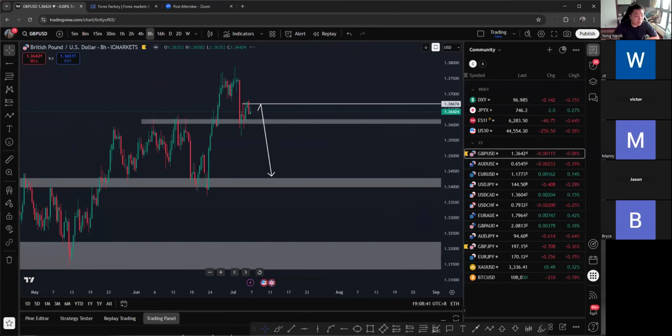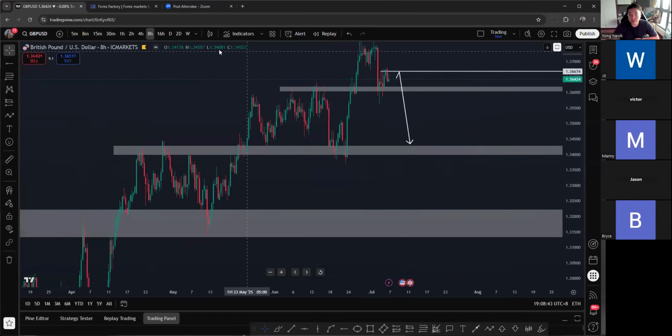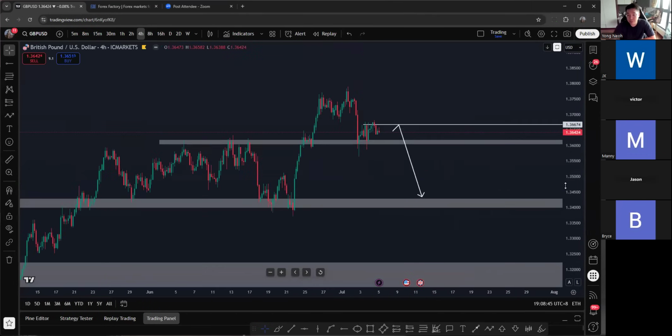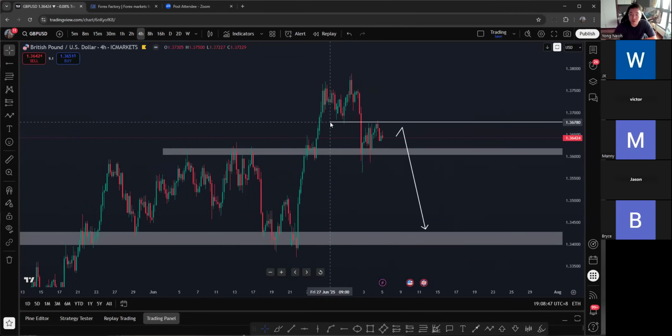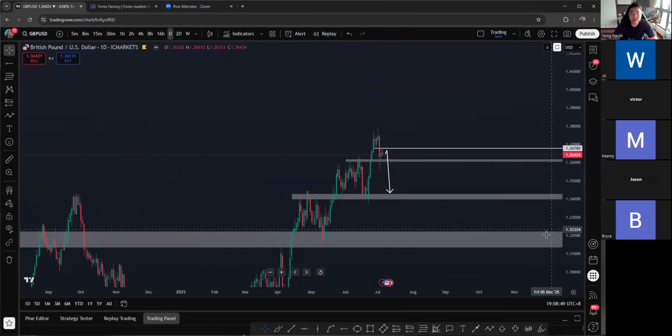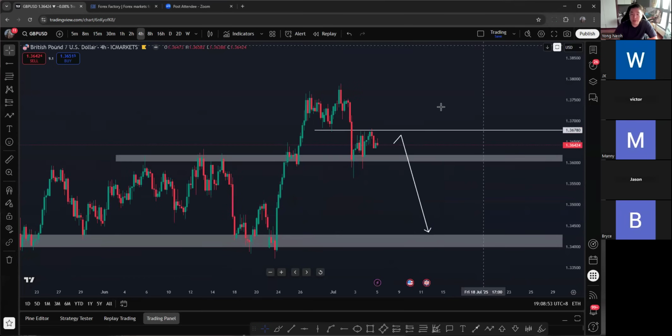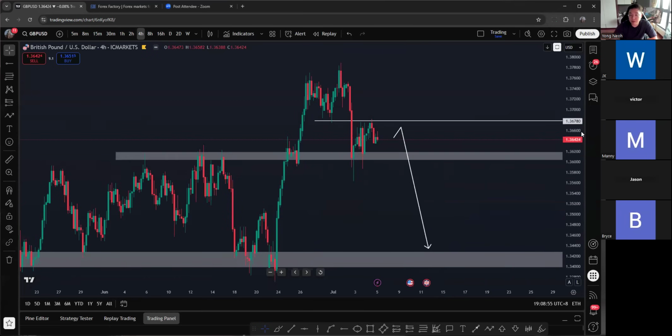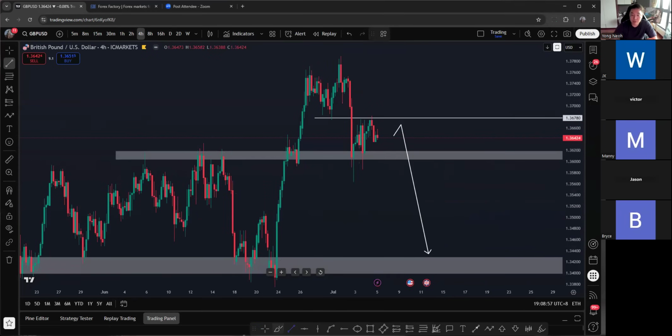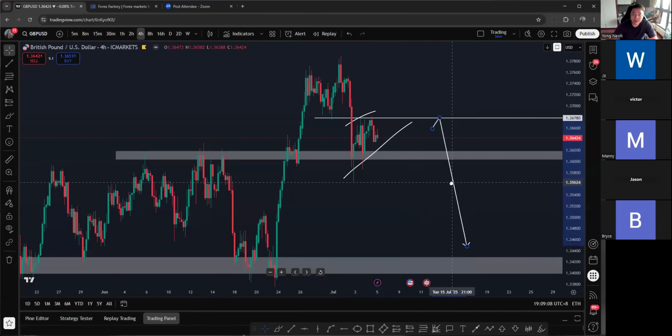Gold. Sorry, Pound Dollar. Pound Dollar, I talked about it. In the short term, I'm bearish because of the short-term break of structure, and we are looking pretty stretched. And we have a short-term BOS here. Plus, it seems like Pound Dollar is also forming a bear flag. The only thing is we are holding above this 136.12 support. So there are two possible entries.